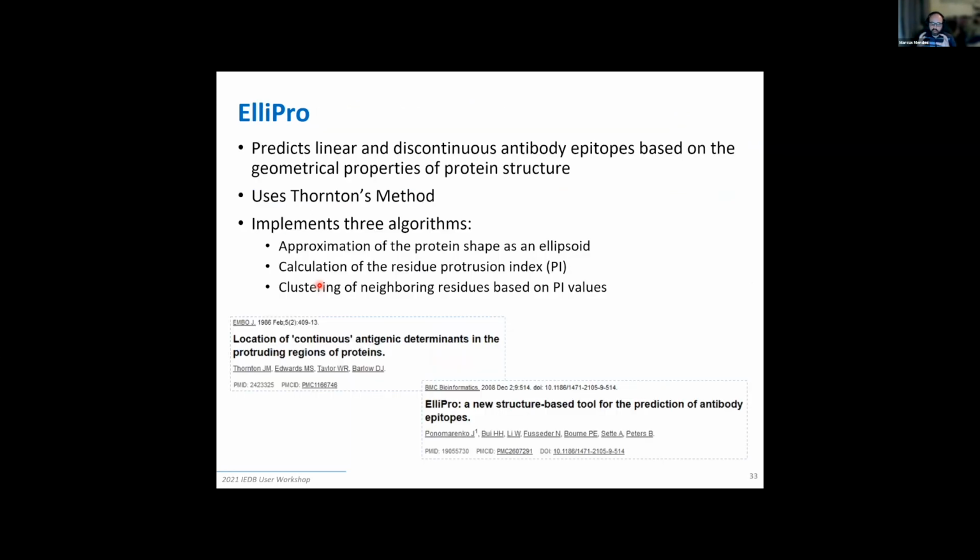And lastly, you have the Ellipro. Ellipro is good for linear and also discontinuous epitope predictions. It uses Thornton's method. This method takes the protein, tries to transform that protein into an ellipsoid, and for each residue calculates how far the amino acid protrudes out from the protein, so how far that amino acid is exposed.